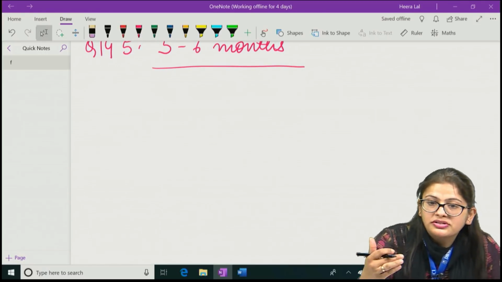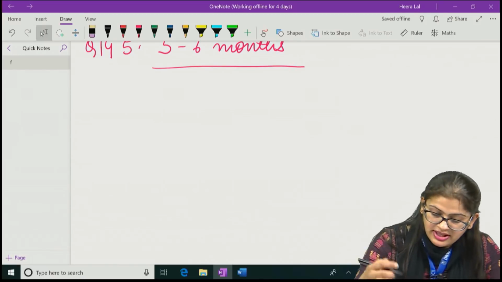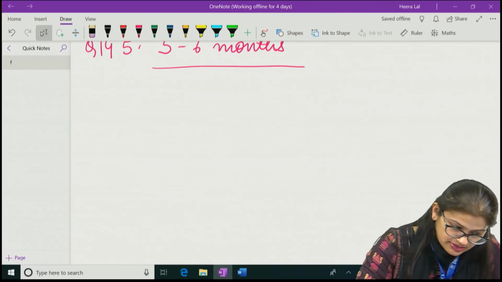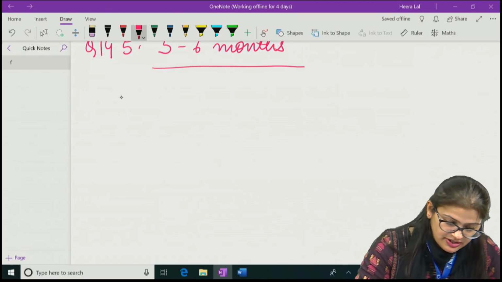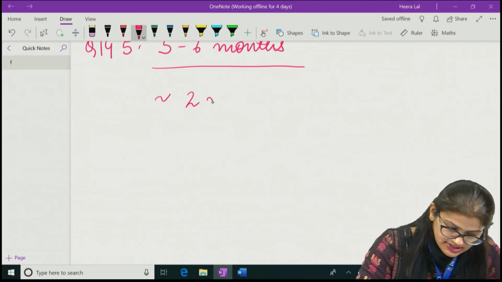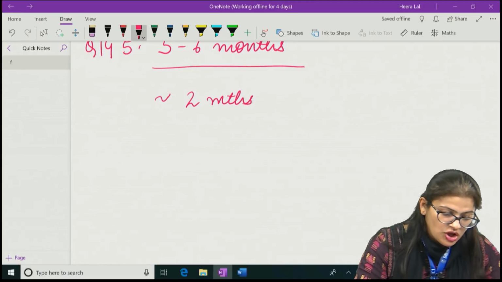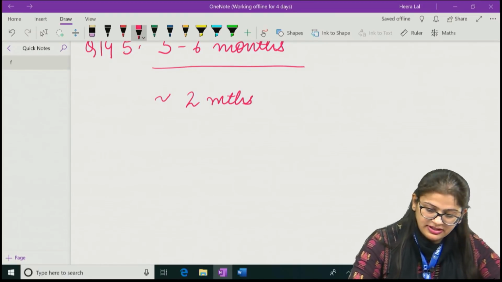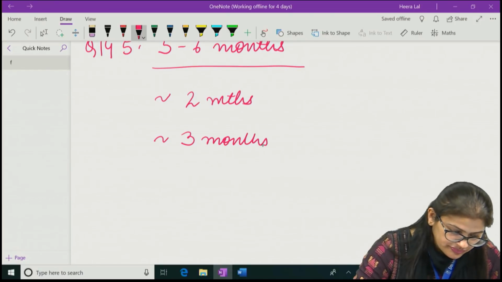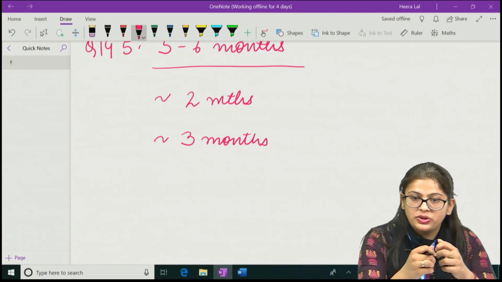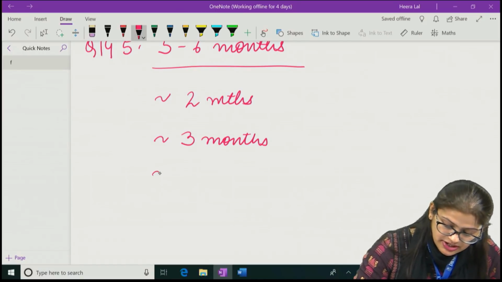So what are the important gross motor milestones that we need to know? These include holding the head upright while sitting, which is seen close to 2 months. Pull to sit with no head lag is seen close to 3 months. Bringing hands together in midline is seen at around 3 months.